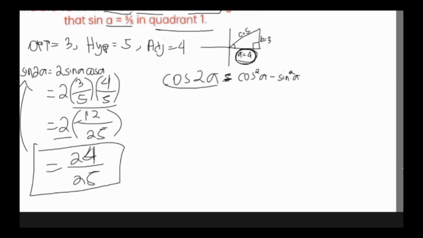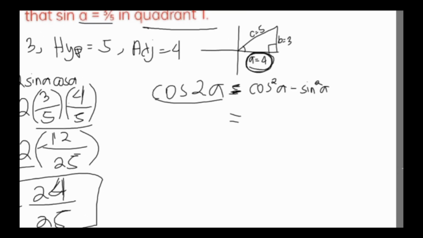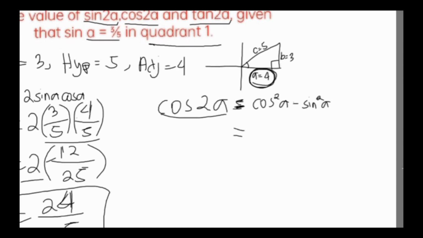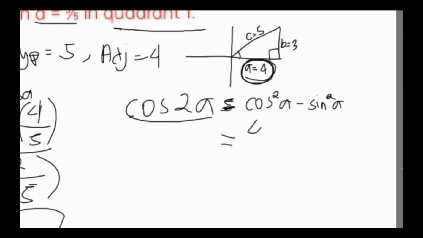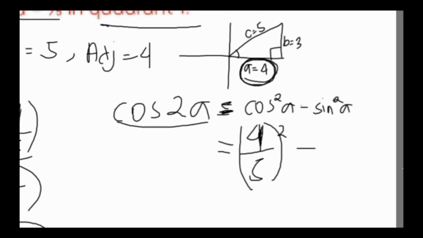Now let's substitute this form: cosine squared of a minus sine squared of a. Cosine is the adjacent over hypotenuse, so 4 over 5 squared, minus the sine, which is the opposite over the hypotenuse, 3 over 5 squared.